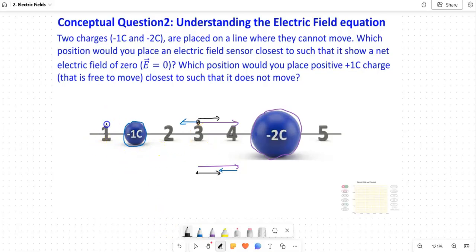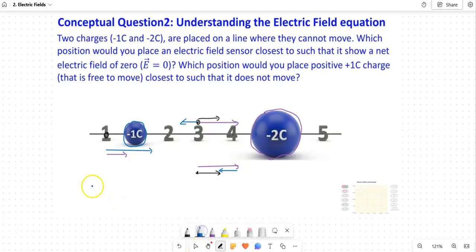If you put the sensor over here, well, now you're really close to that negative 1 Coulomb charge. So your electric field vector is going to be large and pointed to the right. And the purple negative 2 Coulomb charge will be smaller.